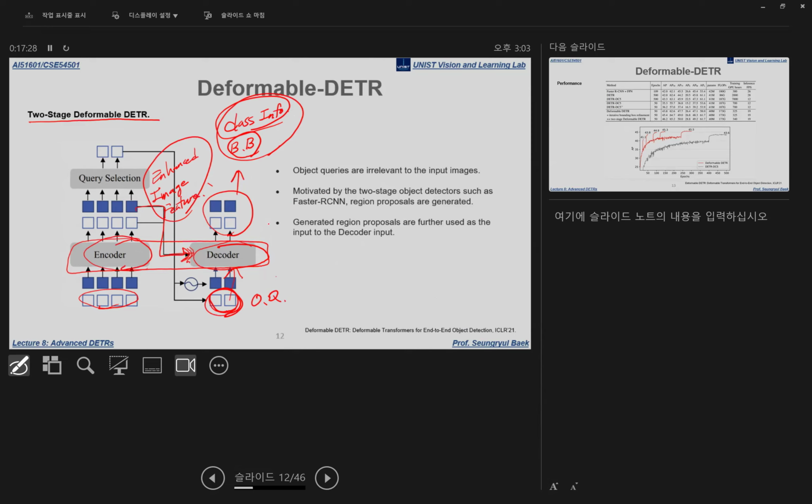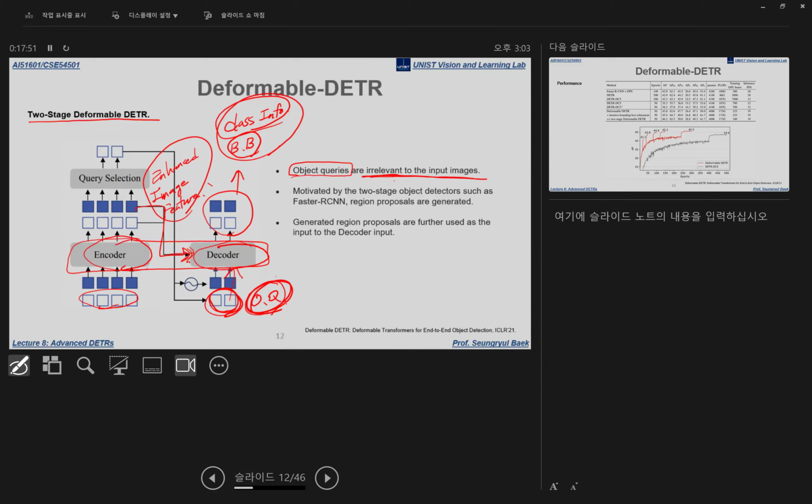So some people say that these object queries, which are the decoder input, are irrelevant to the input images. Because of this irrelevancy to the input images, they make the overall DETR training slow.